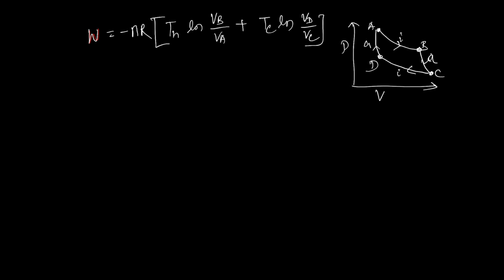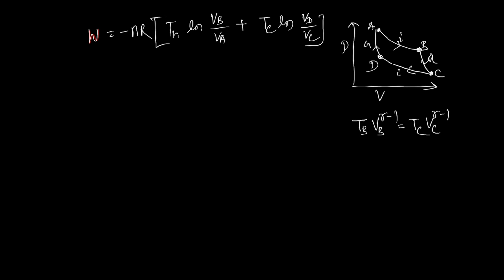Now, I can use the relation between B and C, which are two points connected by an adiabatic reversible path. The relation is that the temperature at point B times the volume at B to the power gamma minus 1 equals the temperature at point C times the volume at C to the power gamma minus 1.